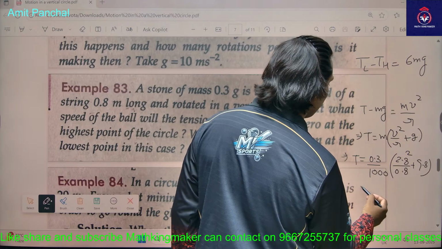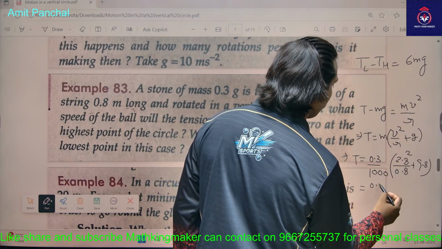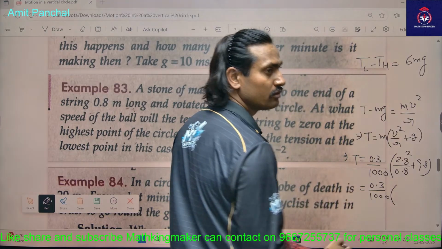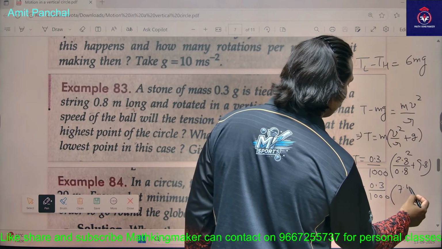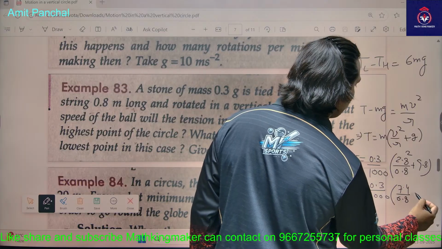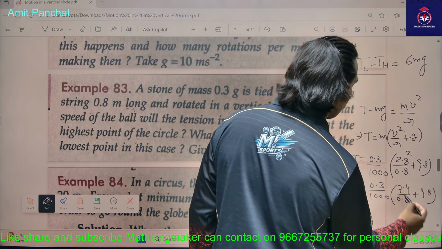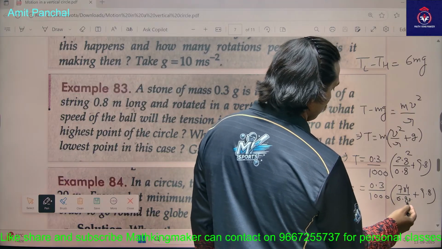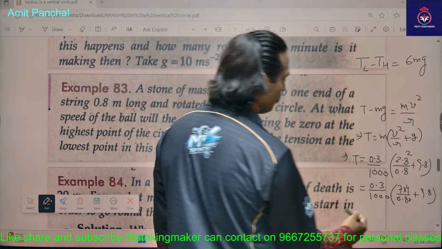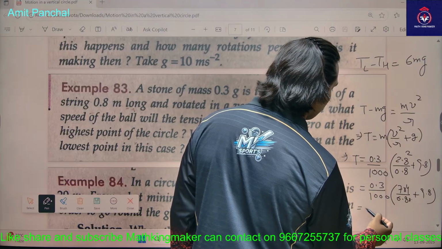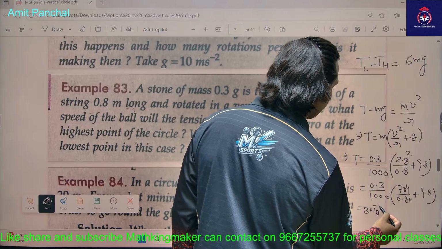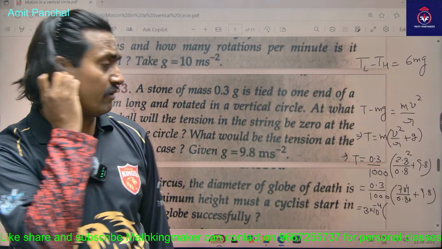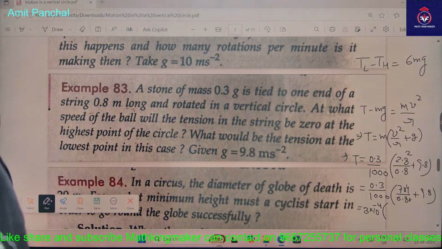What is the square of 2.8? 7.84, sir. Okay, so for easy calculation we can take it 7.8. 3 into 10 to the power minus 4. 7.84 divided by 0.8, just calculate it by calculator.